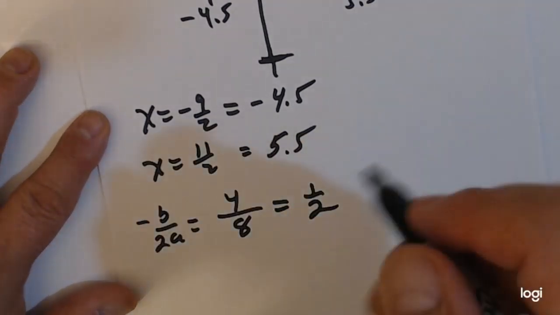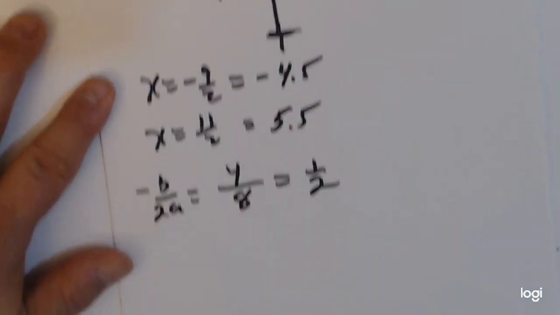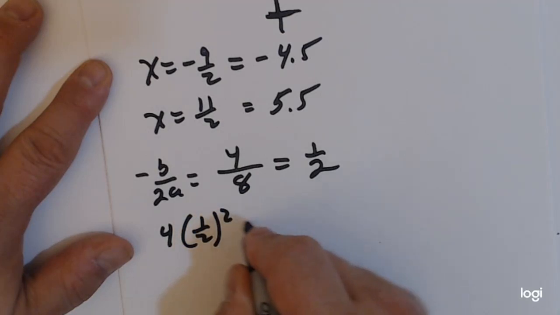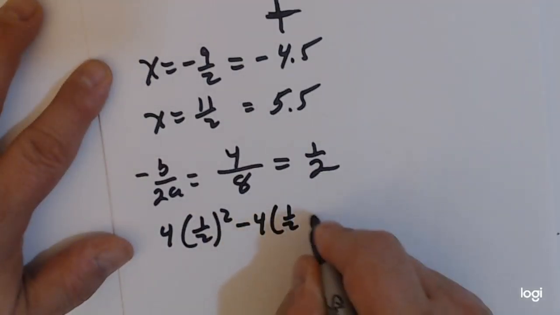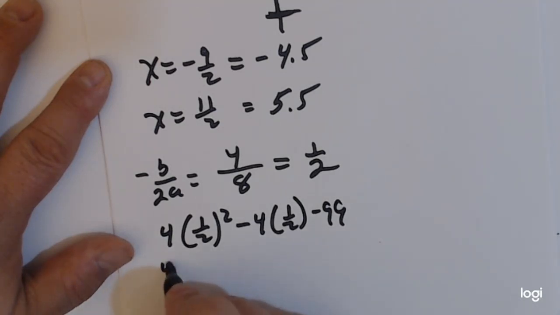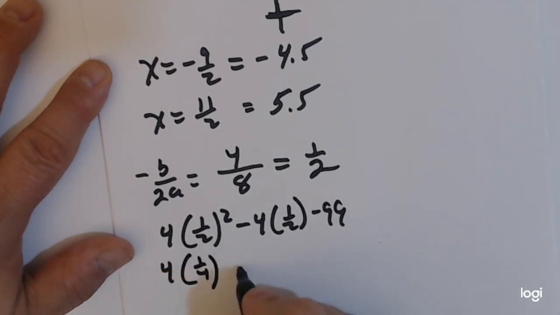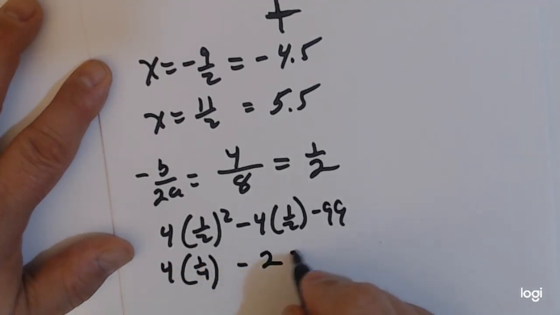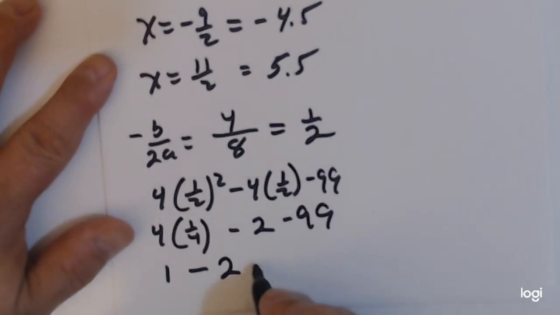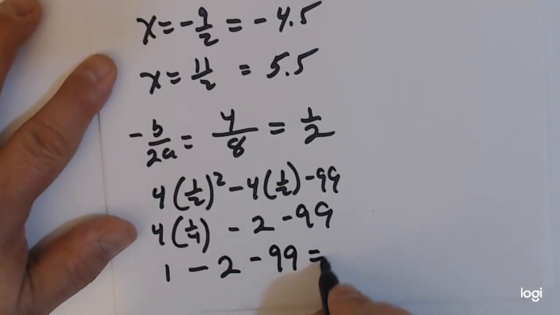And if we plug 1/2 in, that would be 4 times a half squared minus 4 times a half minus 99. That'd be 4 times a quarter minus 2 minus 99. We've got 1 minus 2 minus 99 is negative 100.